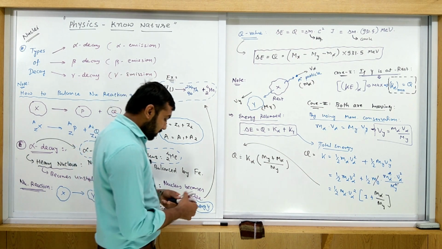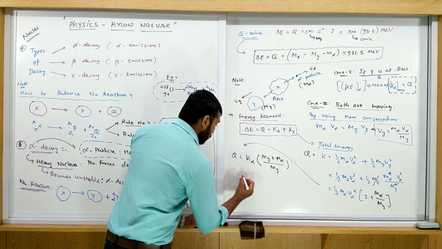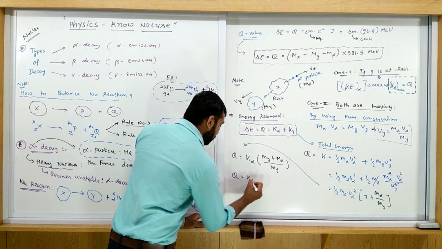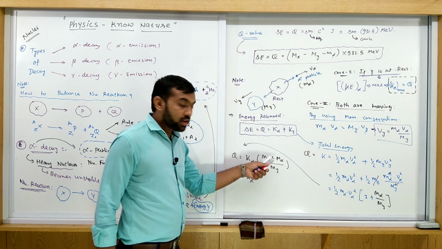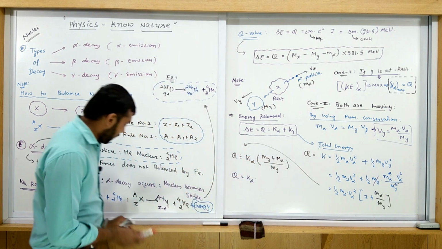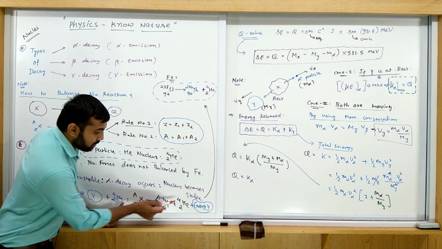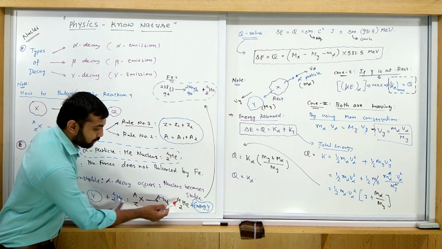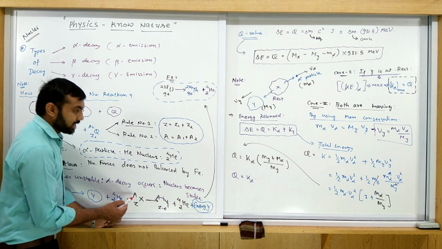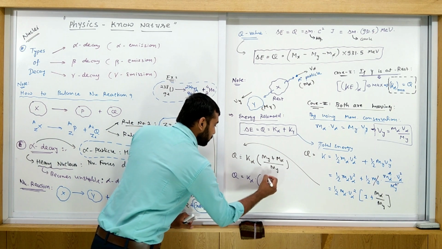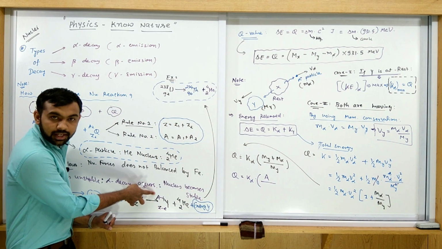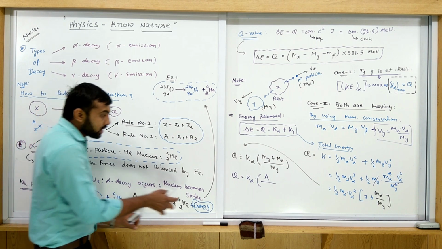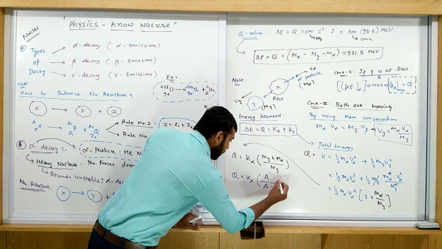So what is my plus m alpha? Mass of Y nucleus plus mass of alpha, A minus 4 plus 4. What is the total? Total is A. So this is equal to A upon, what is mass of Y? Mass of Y is equal to A minus 4. So we put this value here, that is A minus 4.